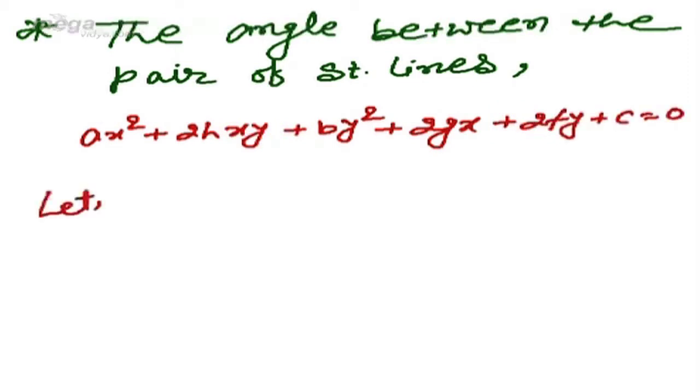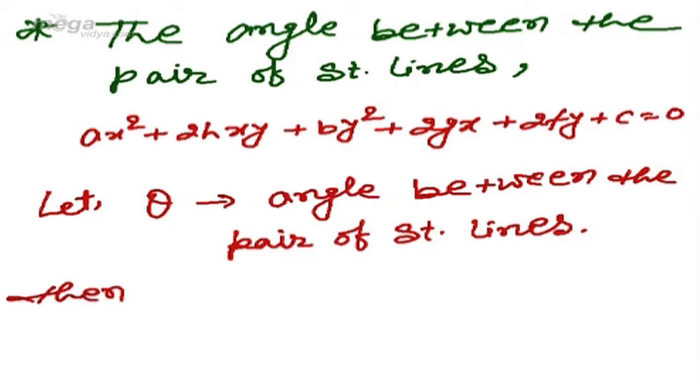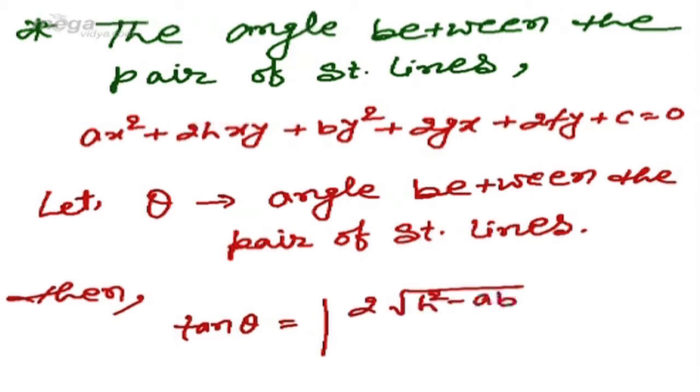If theta is the angle between the pair of straight lines, then, using the same way that you did for the angle between a pair of straight lines passing through the origin, we will find theta using the formula tan theta is equal to mod 2 root under h square minus ab upon a plus b.